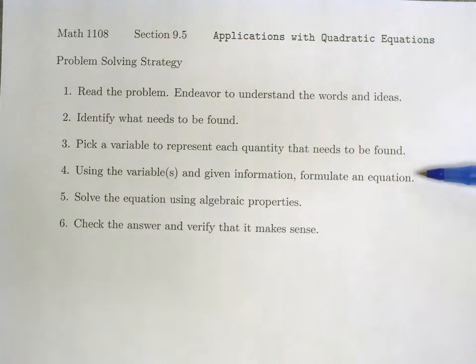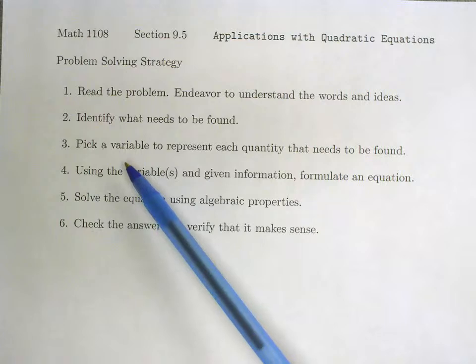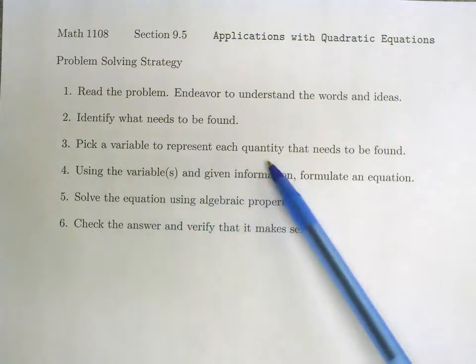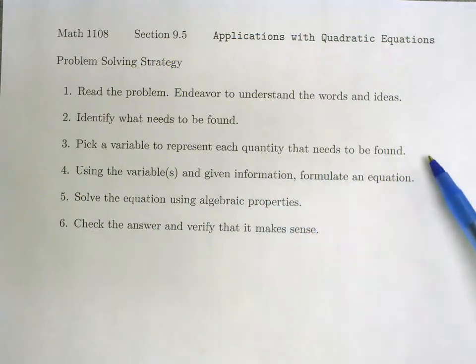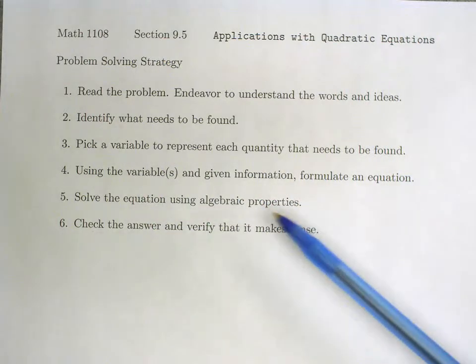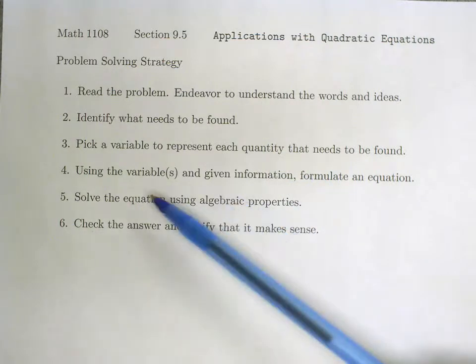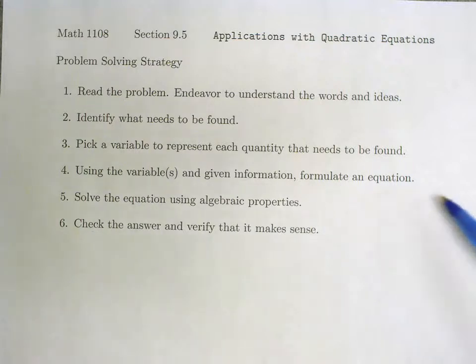And then pick a variable to represent each quantity that needs to be found. Sometimes you can just use the same variable for two different quantities, because oftentimes we're told how two quantities relate. And I'll point that out when we're doing the problems. Using the variable assignments from step 3 and the given information, formulate an equation.